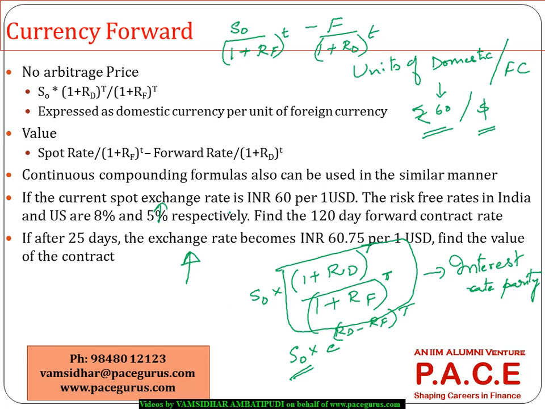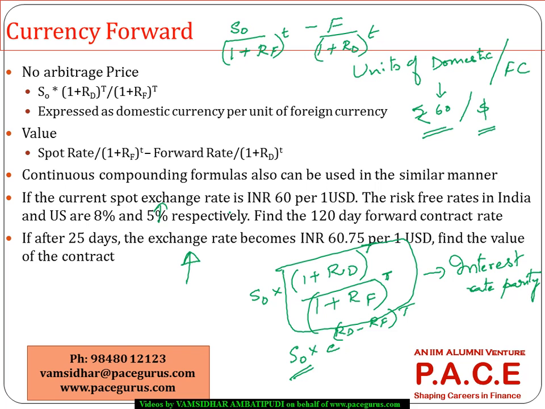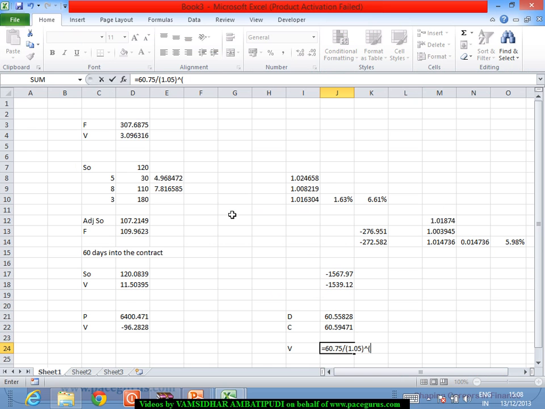If after 25 days the exchange rate is becoming 60.75, so what is the value? 60.75, you discount it by 1.05 to the power, this is 25 days into the contract, so 95 days are still left.